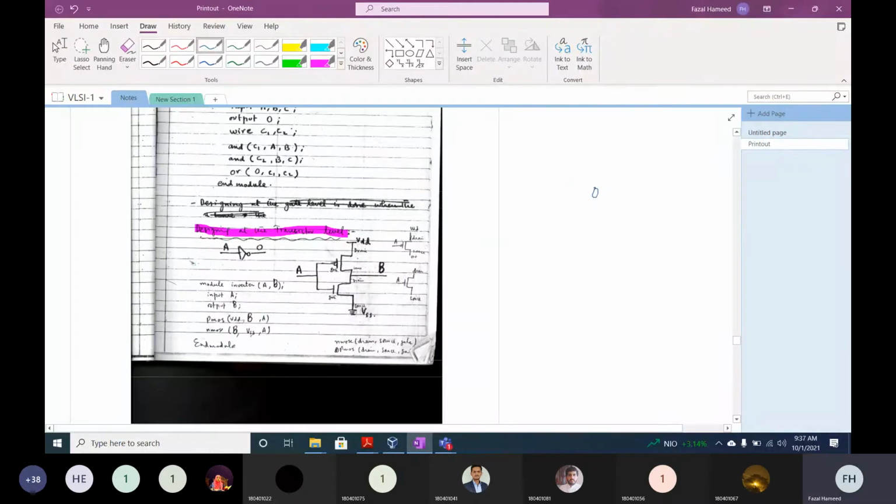This is the schematic of a PMOS transistor, and it has three terminals: gate, drain, and source.